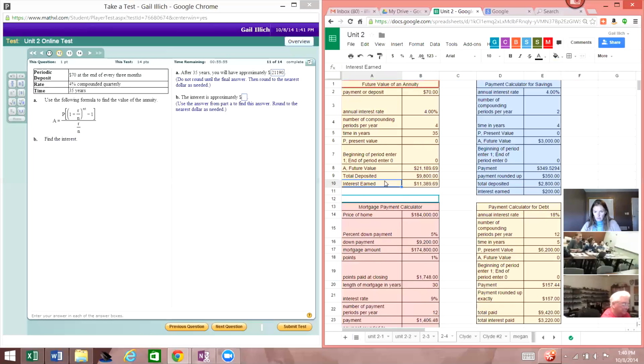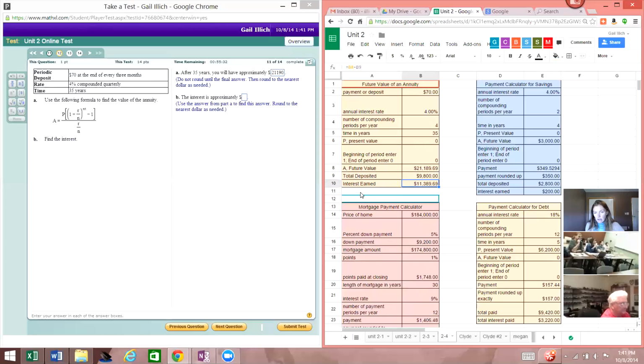No, because it should just be 90, just like the answer above. It should be 11,390. Well, because it says use your answer from part A to find this answer, and this answer is calculated using the rounded number, so I'm a little bit nervous about this.